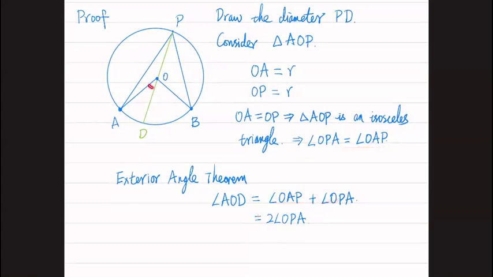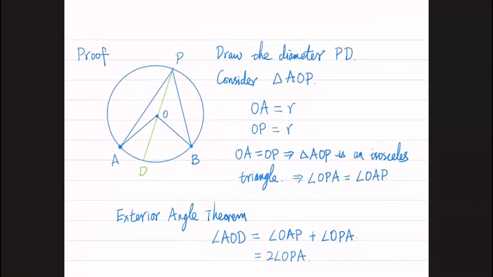Okay, so this angle is twice of this angle. It's half of what we want. Next, we will show that this angle is twice of this angle. Think about why. This is step one.